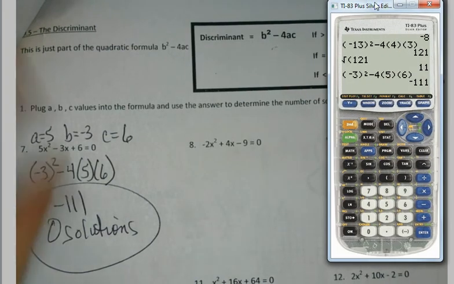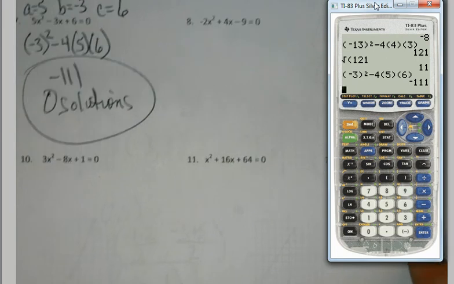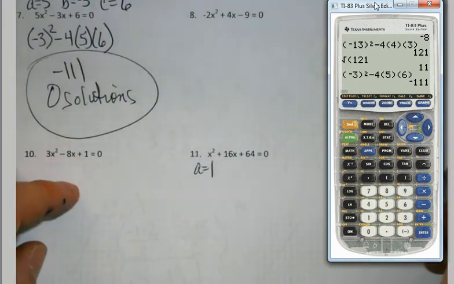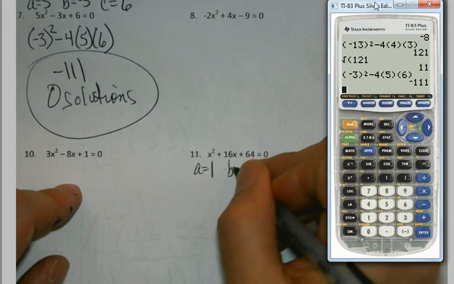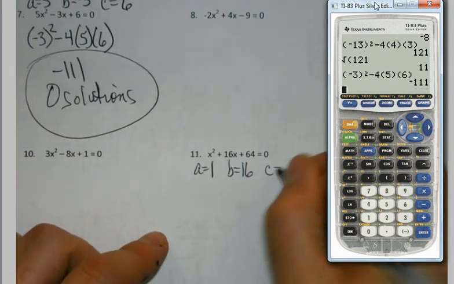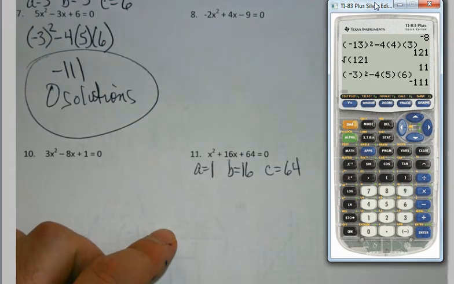One more to be certain. Number 11. My A value would be 1. My B value is 16. My C value is 64. Again, take them in order. And then just do the formula.